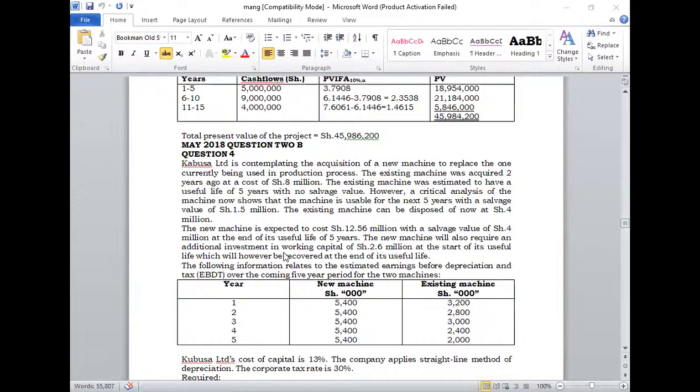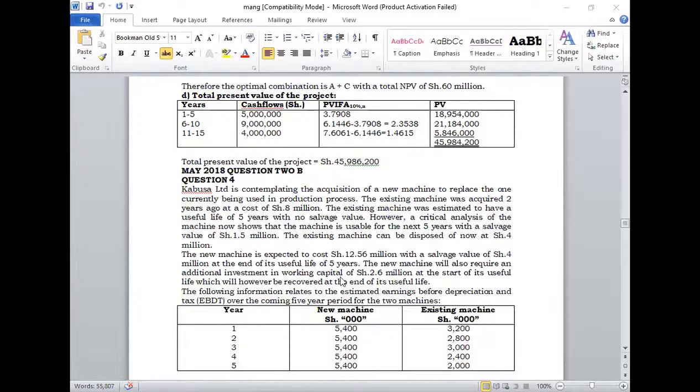And that is why I chose this question that has got working capital, of 2.6 million at the start of its useful life, which will, however, be recovered at the end of its useful life.